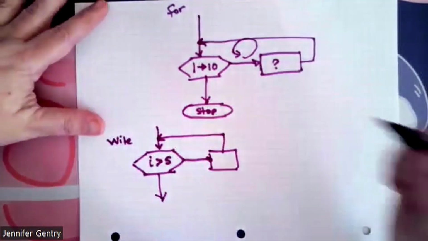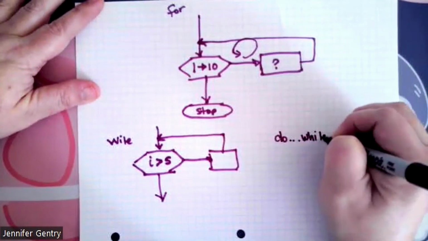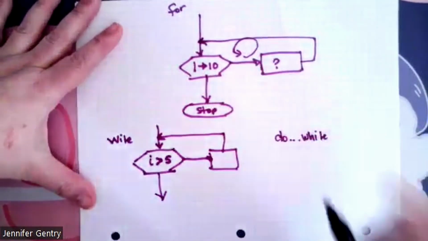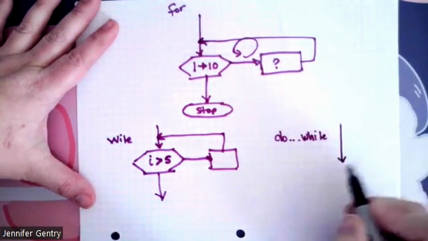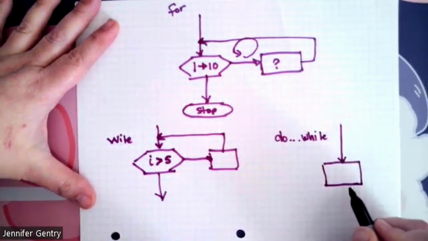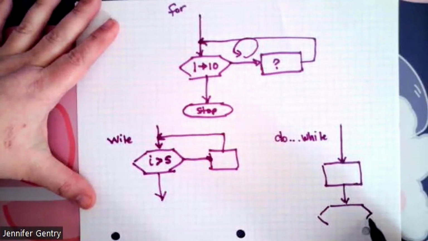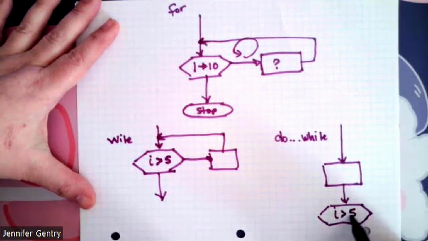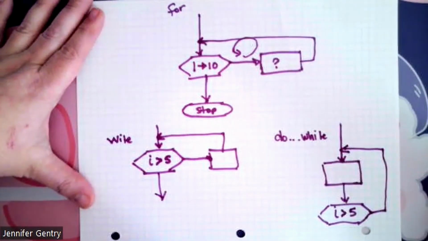But my do while is going to look a little different. So you're going to have it coming down. You're going to do your process. Then you're going to have your while. If I is greater than 5, yes, come back up and do the process again.